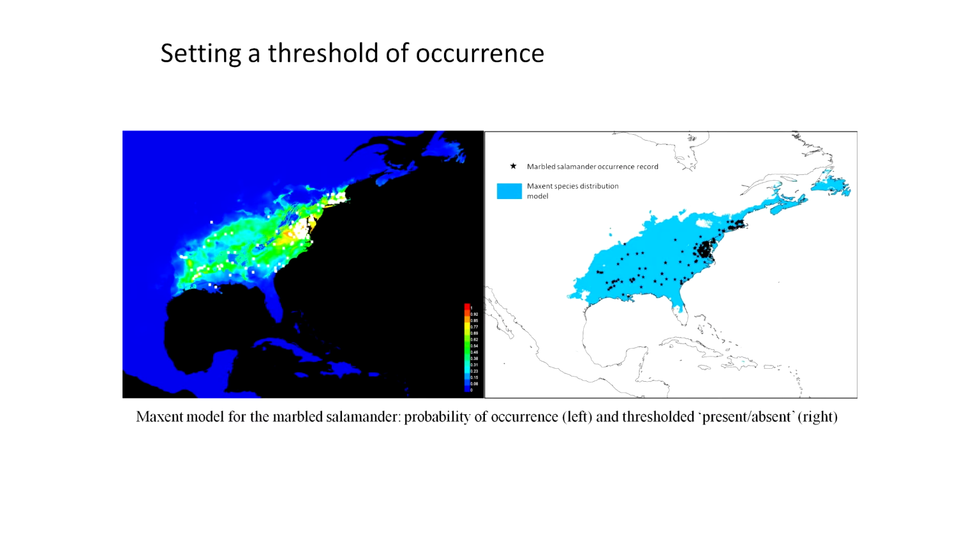So we're going to go from a kind of probability of occurrence, that you're seeing there, the species is the marbled salamander in North America, straightforward Maxent, default Maxent output, a logistic output from Maxent. That's a probability of occurrence, right, ranging from 0 to 1, going from the cold blue colours to the hot red colours.